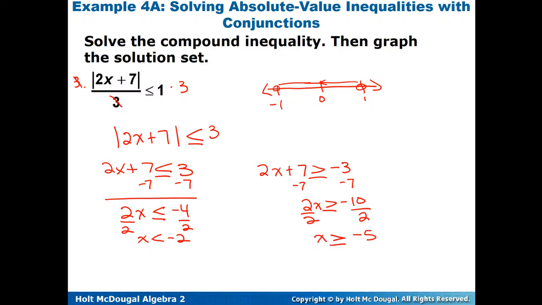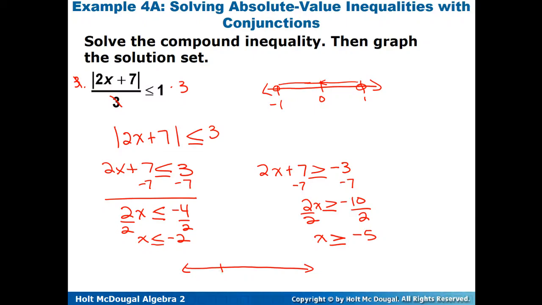All right, and then finally, we just need to graph this. It should end up looking like our conjunction graph up there. So it says x is everything less than or equal to negative 2. So let's draw our negative 2.